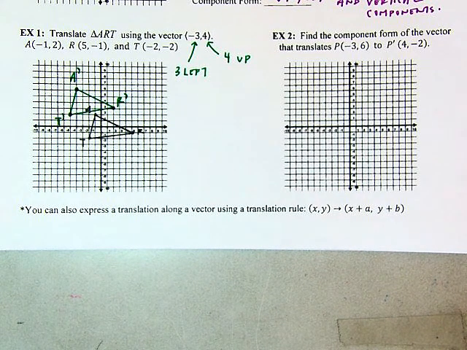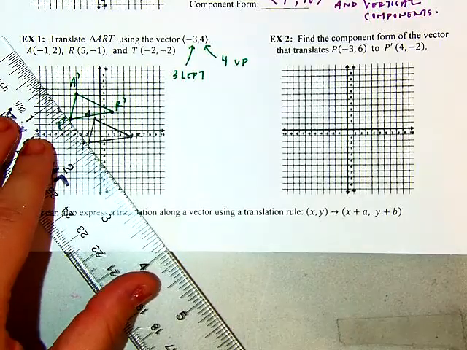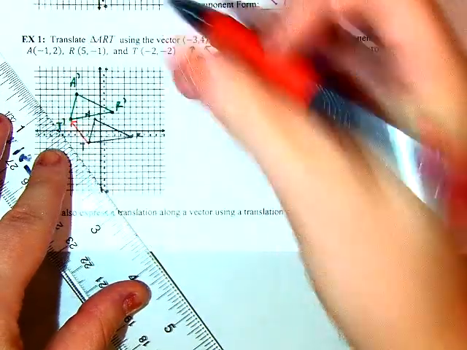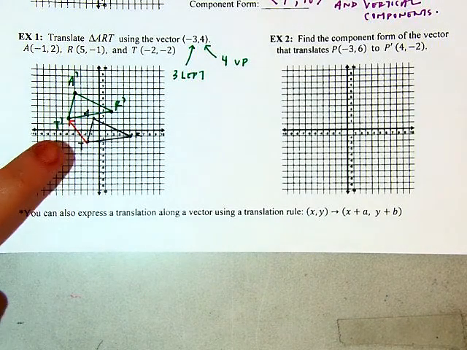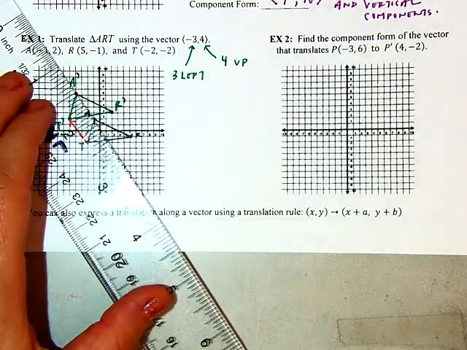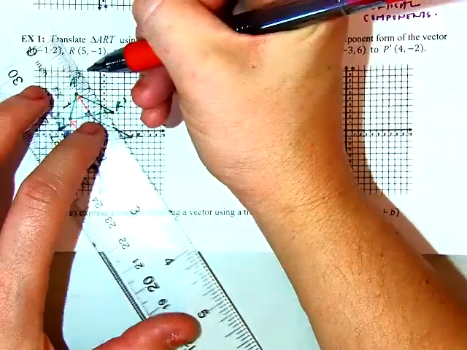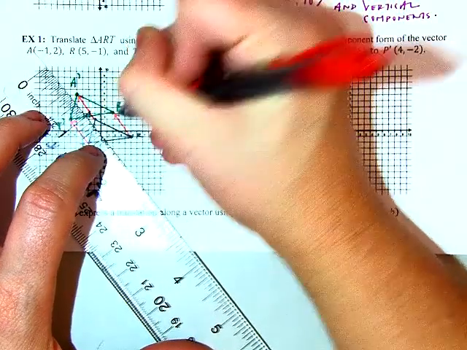And just to show you what the vector itself is doing, let me connect a pair of T's, for example. So if I draw in an arrow from T to T prime, just like this, I'm showing that vector pathway. So this is my initial point, this is my terminal point. And if I draw it in for all of them, you can see how each point is sliding along that pathway into its new position.